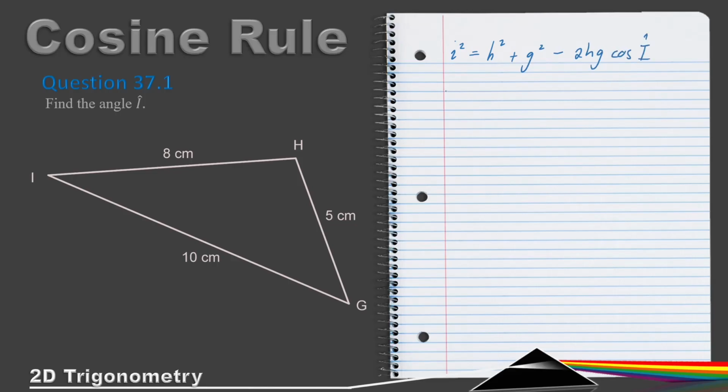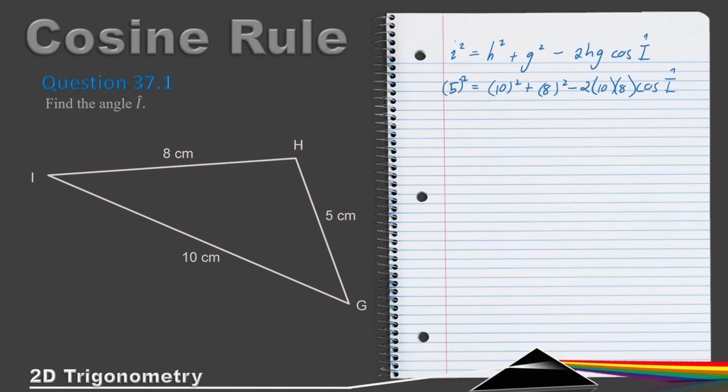Alright, let's substitute. I is 5, so 5 squared equals H is 10 squared plus G is 8 squared minus 2 times 10 times 8 cos of I. And then we solve.